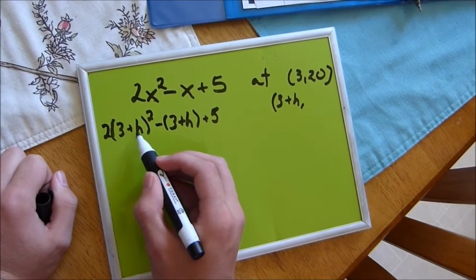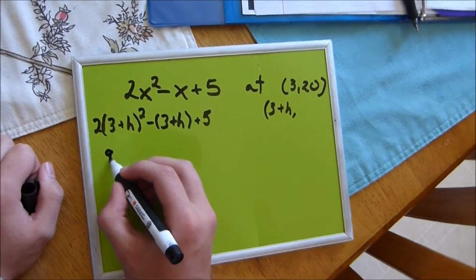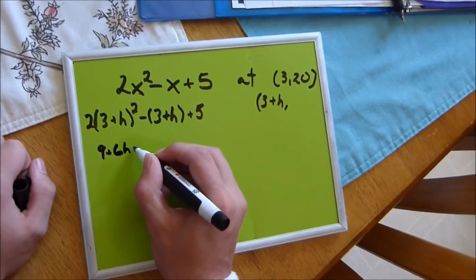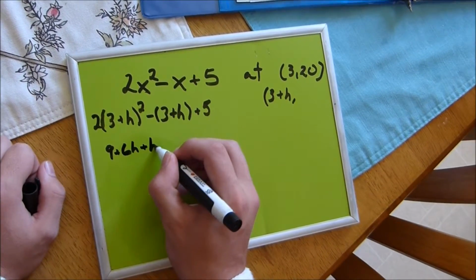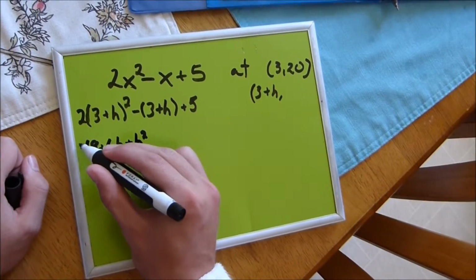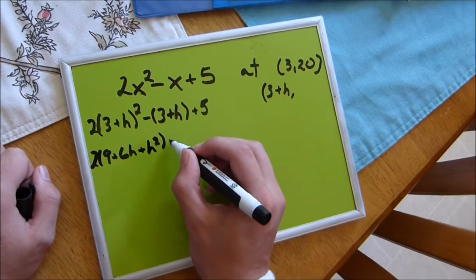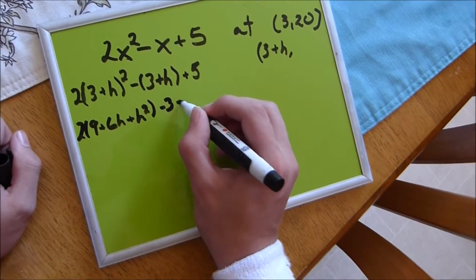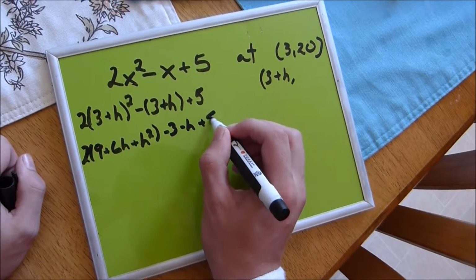So first, FOIL: 3 plus h squared is going to be 9 plus 6h plus h squared, times 2. Then you have minus 3 minus h plus 5.